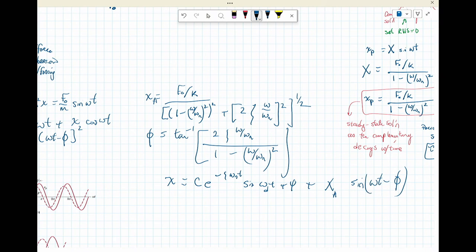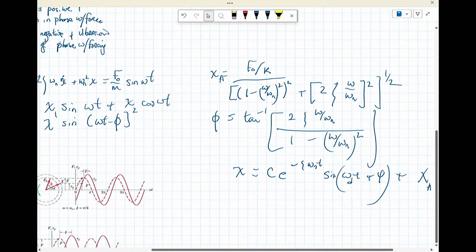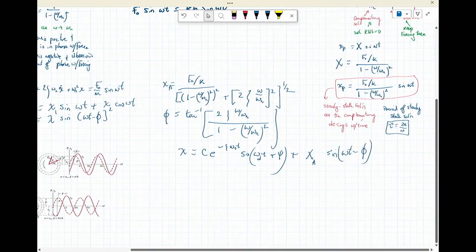And so you have a solution that combines both the zero case, which is the left-hand side, plus the particular solution, so the complementary plus the particular. And these depend on initial conditions as usual.